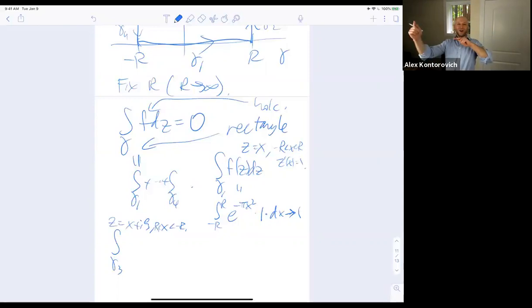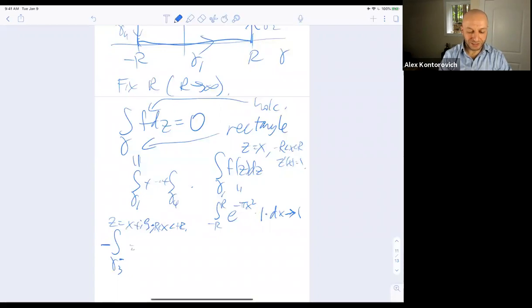It goes from r, maybe I'll say it's the negative of the integral over gamma 3 minus, and in gamma 3 minus, I'll go from negative r to r. Is that better? Somehow it doesn't feel right to say x goes from r to negative r. So I'll flip the orientation. Instead of going backwards, I'll go forwards, and that negates the integral.